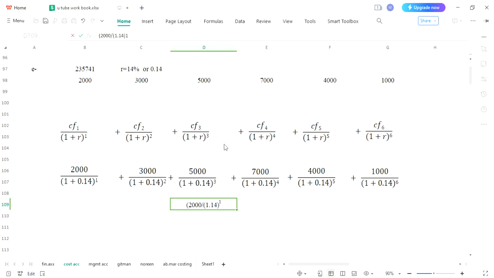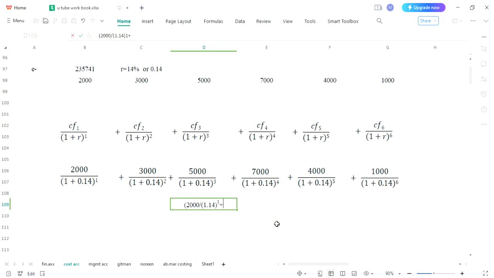Once this formula would be written, then it would be easy for us to write the remaining part. Add, and for that these amounts would be used again. This is what you will do on your calculator.